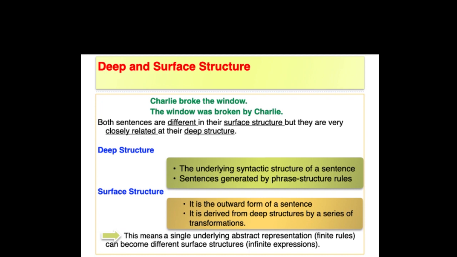So a single underlying abstract representation, with finite rules, can become different surface structures, which means we can have infinite expressions out of different surface structures.